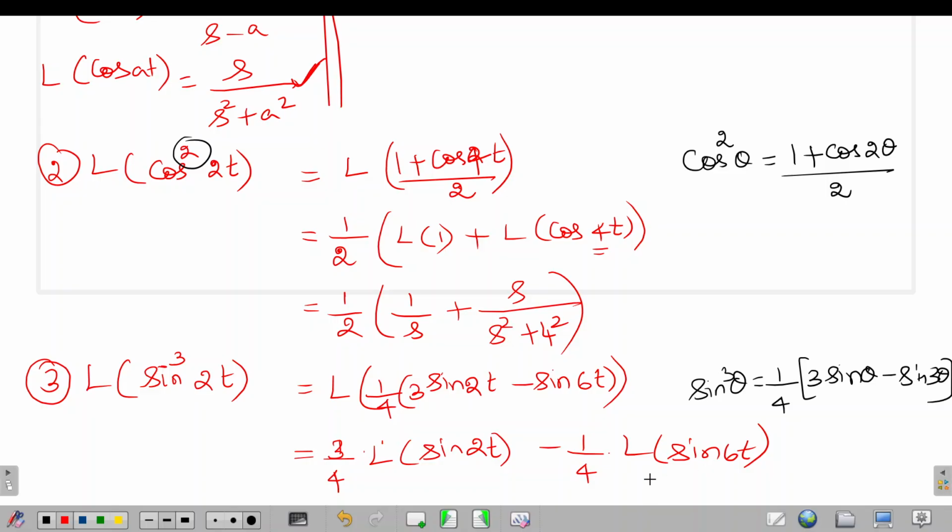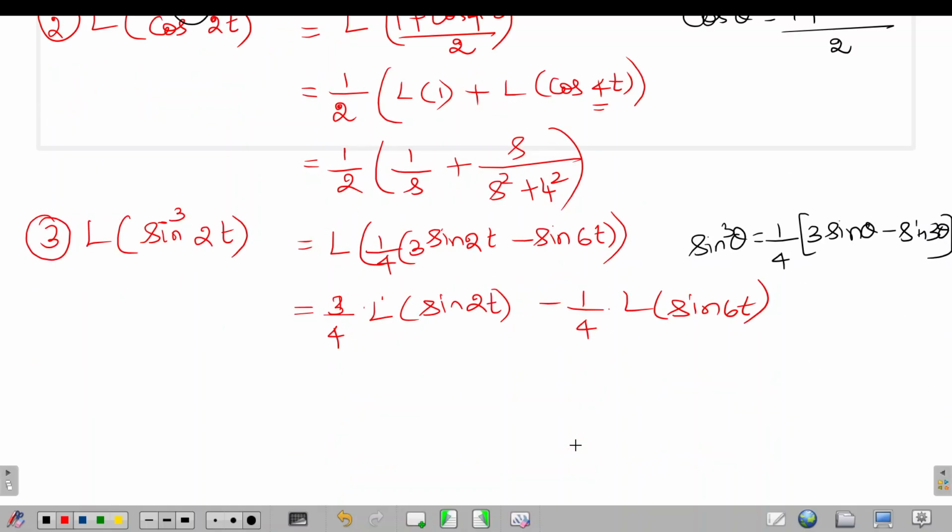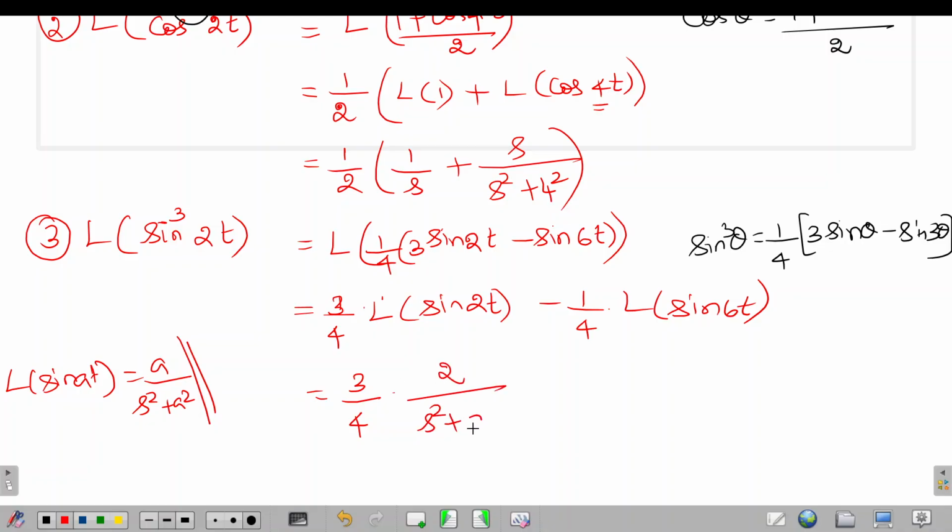And we know that the Laplace transform of sine at formula will be a divided by s square plus a square. In this formula, we will substitute a is equal to 2. We will be having 2 divided by s square plus 2 square minus 1 by 4 into 6 divided by s square plus 6 square.